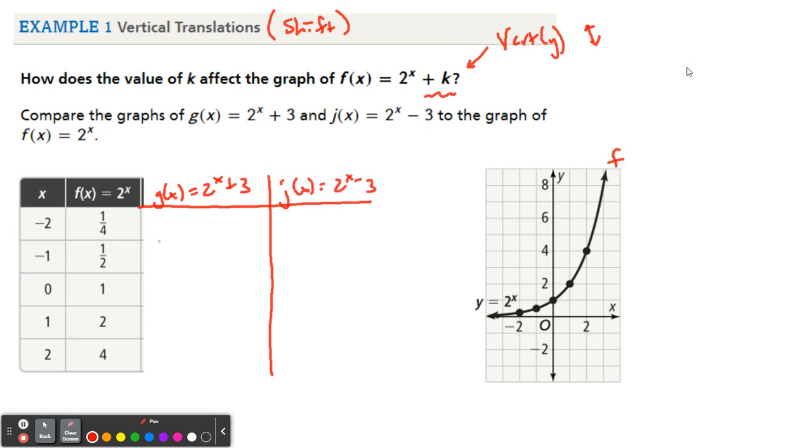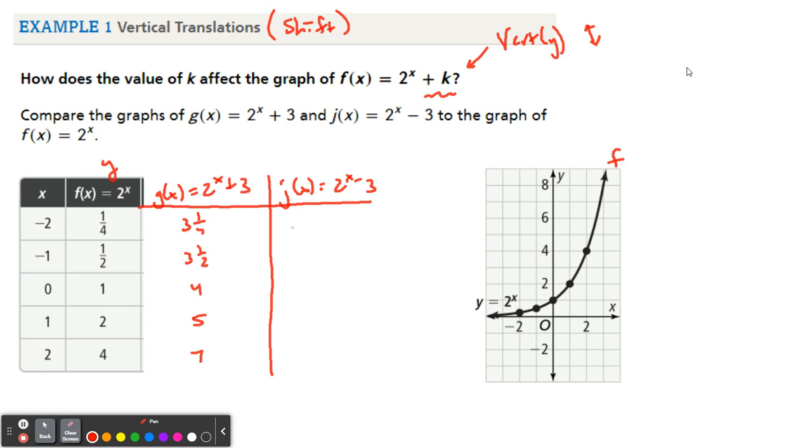All that's going to happen is we're going to take our y values and add 3 and subtract 3. When we add 3 to 1/4, we get 3 1/4. Then we get 3 1/2, and we get 4, and we get 5, and we get 7.